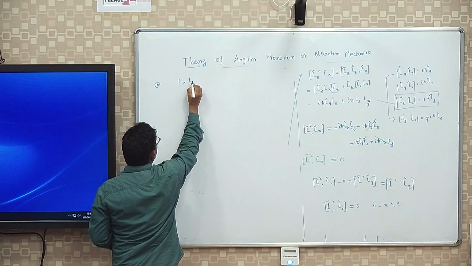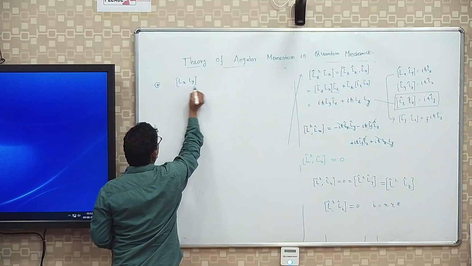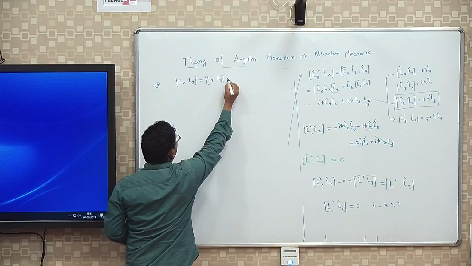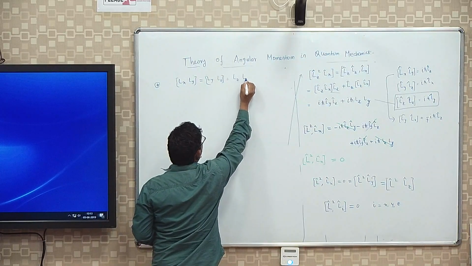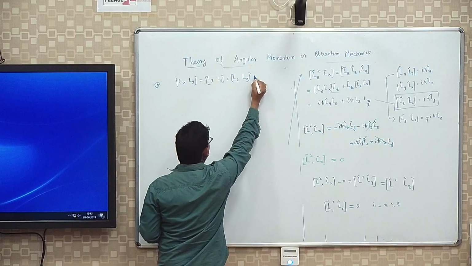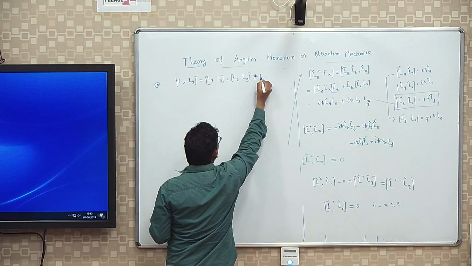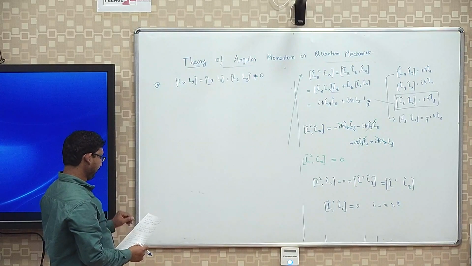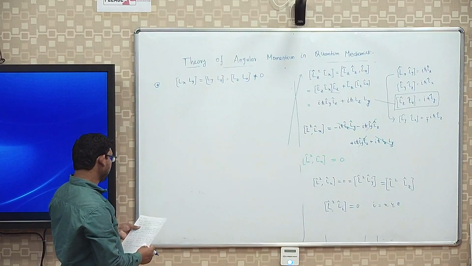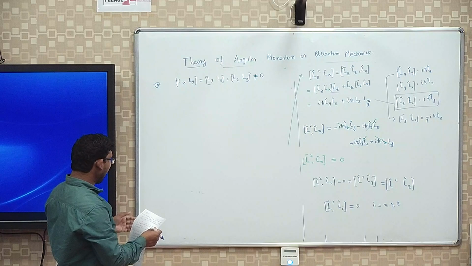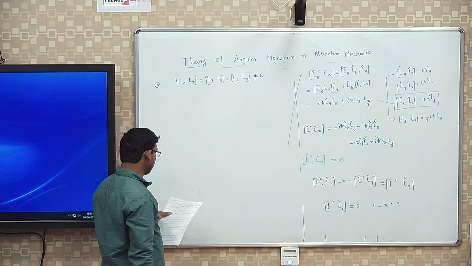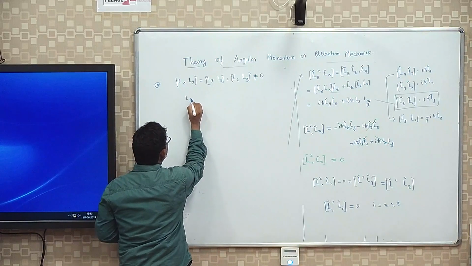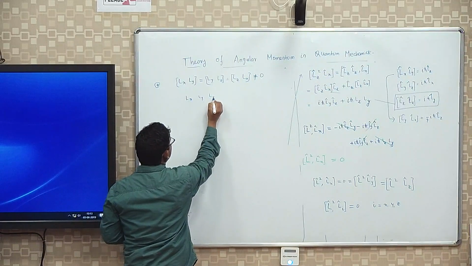Example, Lx, Ly; Ly, Lz; Lz, Lx. So it is not possible to obtain the eigenvalue or eigenvector for all of these three components Lx, Ly, Lz.